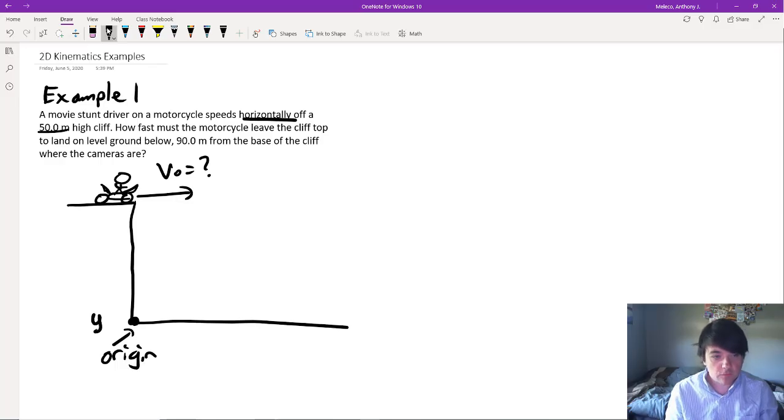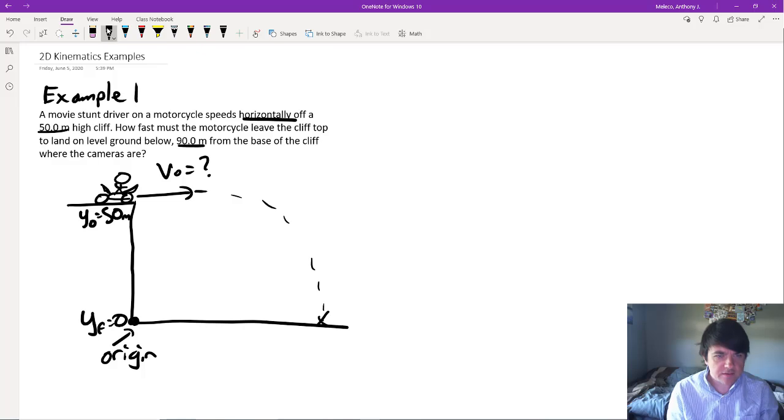But in doing this, y initial is up here and y final is at 0, because he's going to follow this trajectory. So y final will be at 0, whereas y initial will be at 50. You could make the top the origin, which would make this 0 and the bottom negative 50. So however you want to do it.